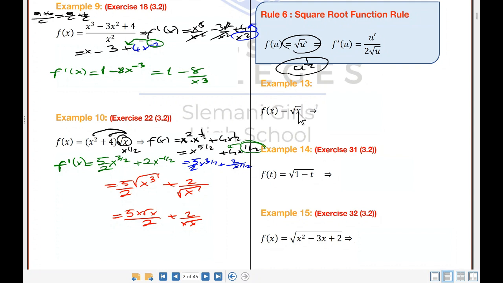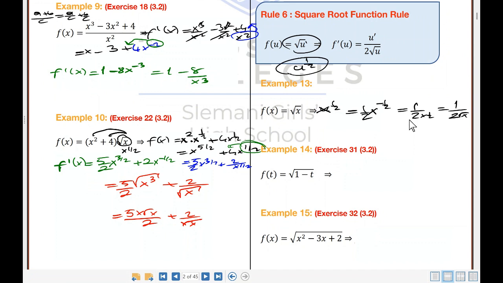Square root of x. Either use the previous method: turn it into a fractional exponent, apply the power rule, move 1 over 2 out in front, decrease the power by 1, 1 over 2 minus 1 is negative 1 over 2, and since the power is negative, move it down to make the power positive, and then turn this fractional exponent into a radical. So x to the 1 over 2 is square root of x.